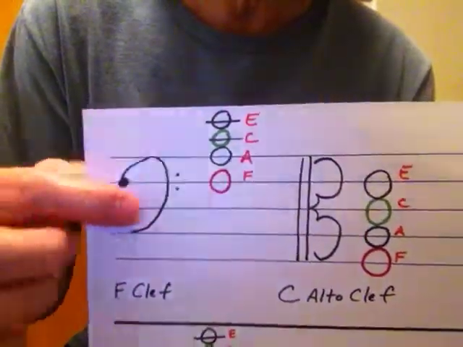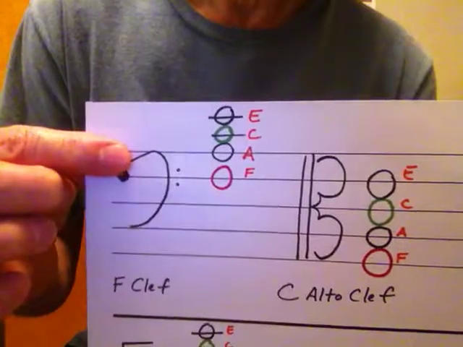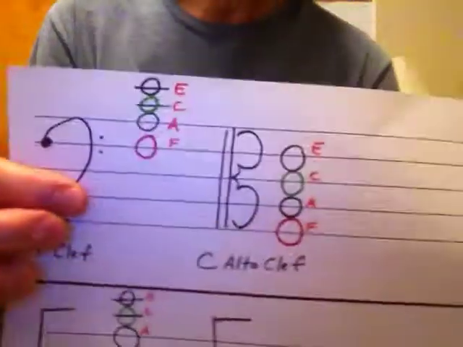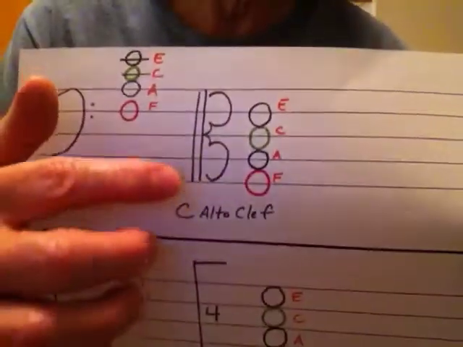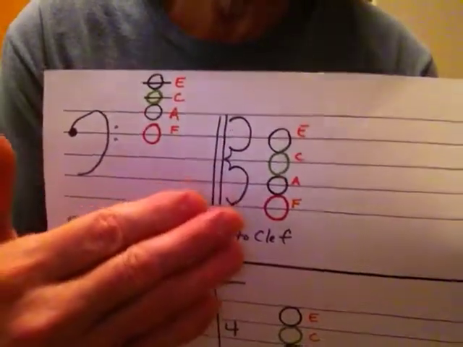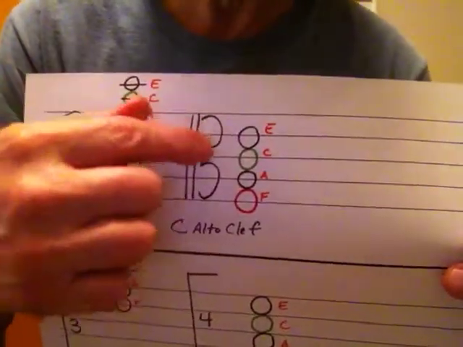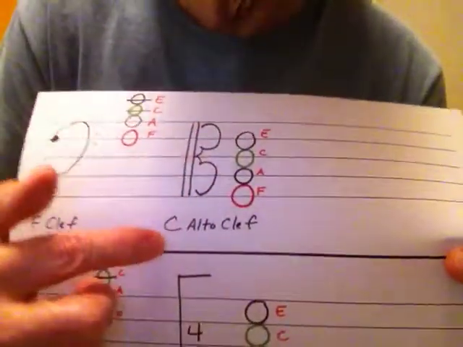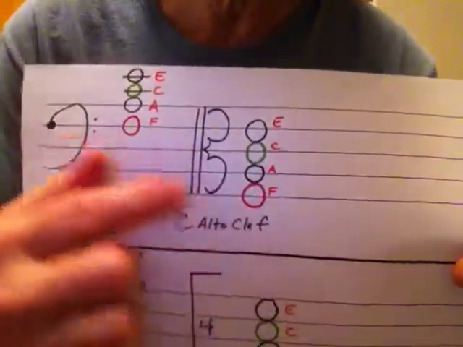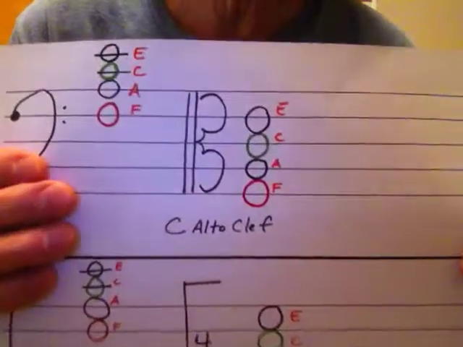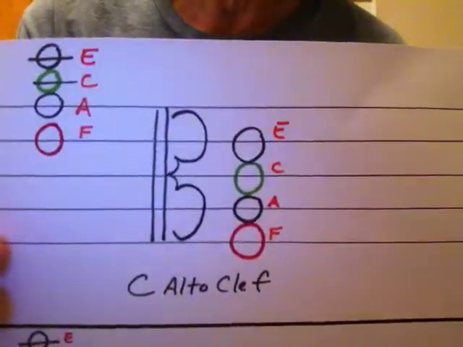You can say, I'll write that down, and it would look like this. Now, you could also designate those notes, those tones, by writing the notes with the traditional C alto clef, which I showed yesterday. You could write them that way.